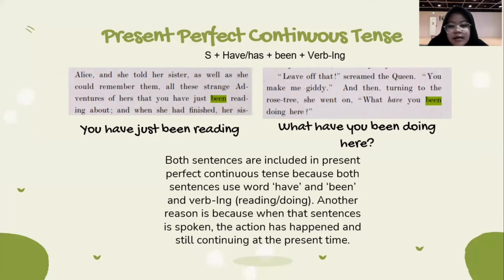Both sentences are included in present perfect continuous tense because both use the words have and been and verb ing, reading and doing. Another reason is because when the sentence is spoken, the action has happened and is still continuing at the present time.